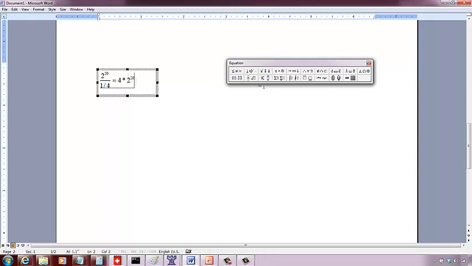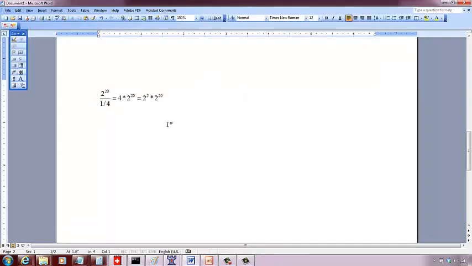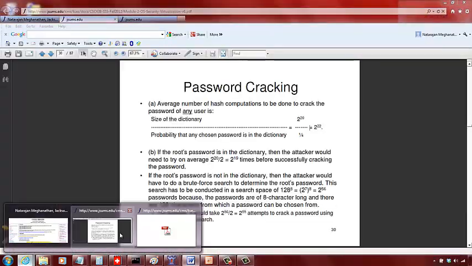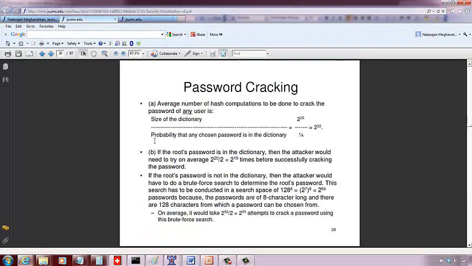So I can write my 4 as 2 square times 2 to the 20, so that's going to be 2 to the 22. All right. So that is the A part.